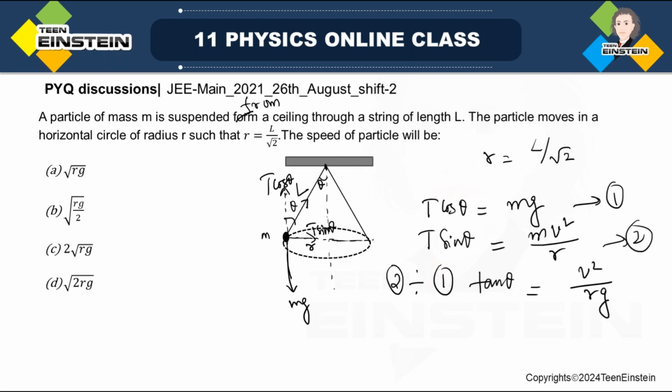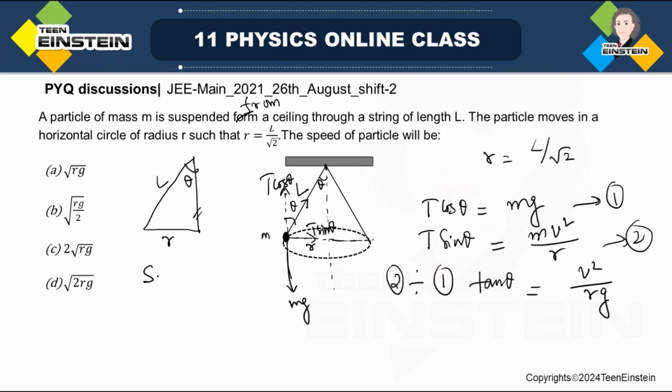So look at this figure I have now, I'm just drawing here. This particular length I don't know, but this is L, I know, this is r, and this angle is theta. This is a right angle triangle.